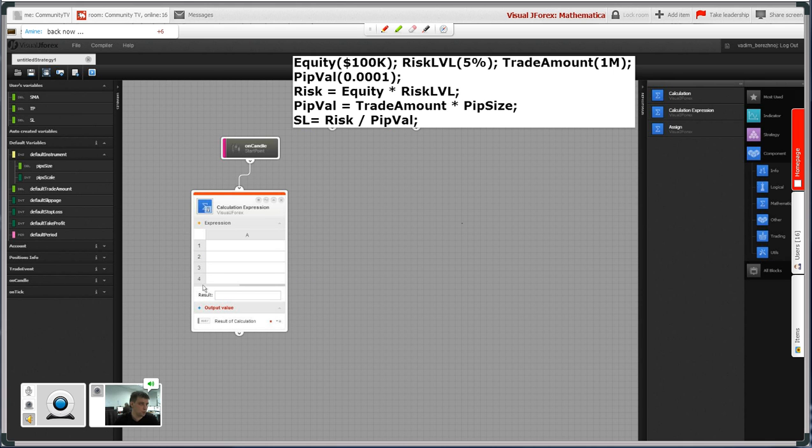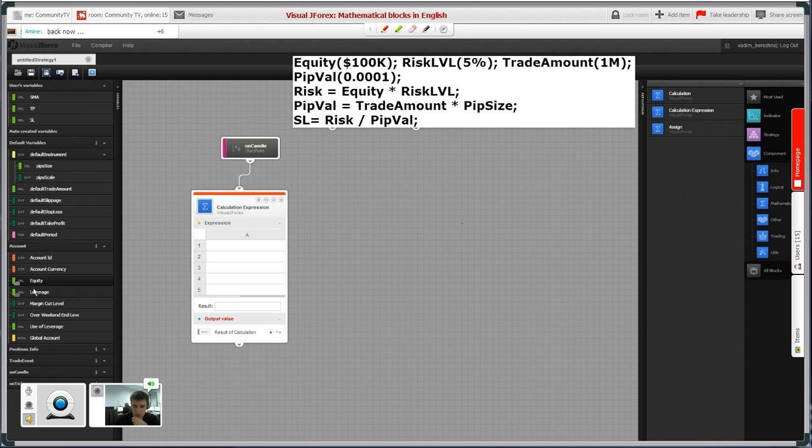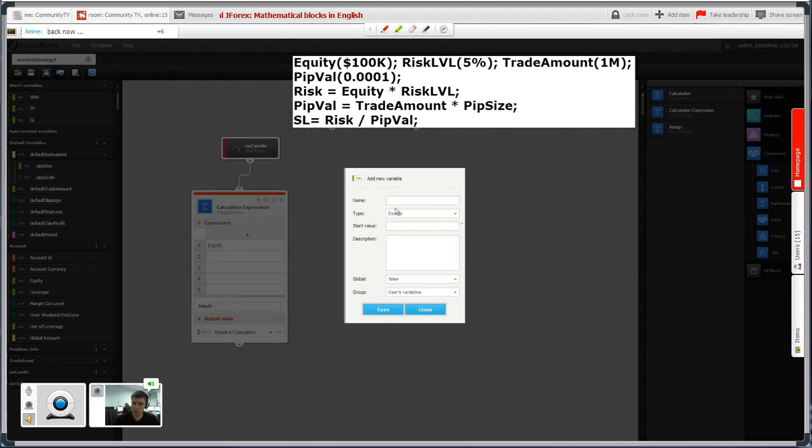We're using input of 5 variables, so it would be 5 rows. Then we gathering the data that we need. First, it was EQT. It's in accounts, it's current EQT level. Then risk level. We will create that variable and make it global.